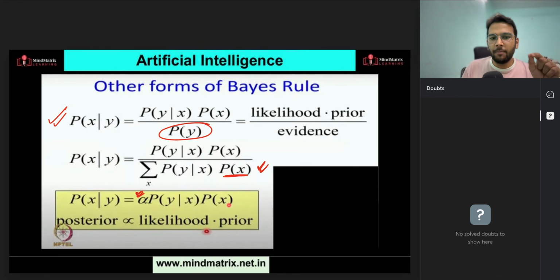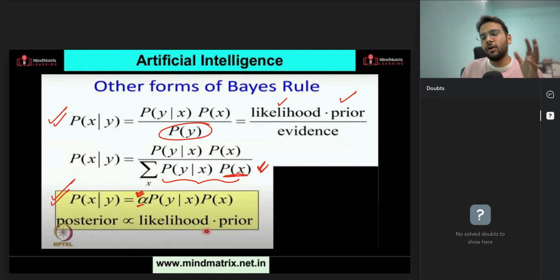Whenever we want to compute probability of x given y, which is the posterior probability, we compute the likelihood, multiply it with the prior, and then whatever is the result, we simply normalize it. Why are we normalizing? Because we are removing this term, as it is the same for all values of x. I hope it is clear. So the posterior is directly proportional to likelihood multiplied by prior.